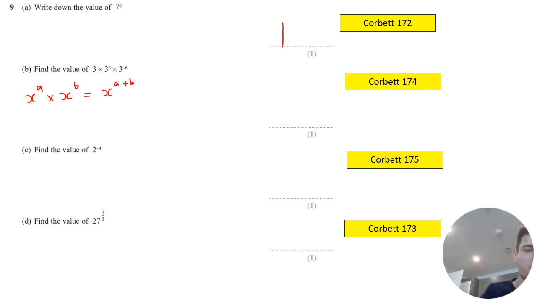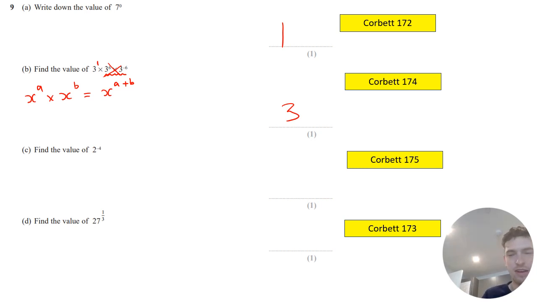Now, the first one, 3, is 3 to the power of 1. But if you look at it, these two are going to cancel each other out, because 6 plus minus 6 is just 0. So what I'm left with, once I cancel these out, is just 3 to the power of 1, which is just 3. Part C, I've got a negative index here.